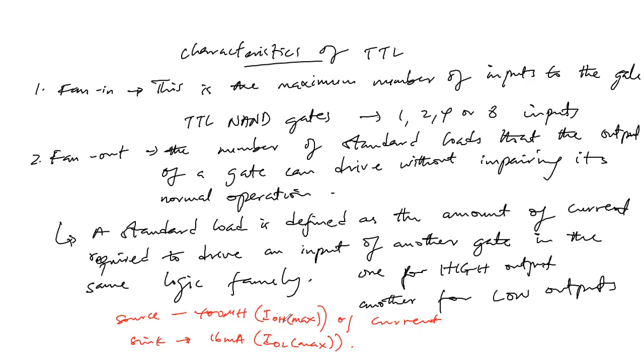So for the TTL gates, we typically have a high logic level fan out, which is the same as 400 microampere divided by 40 microampere, which is the same as 10.